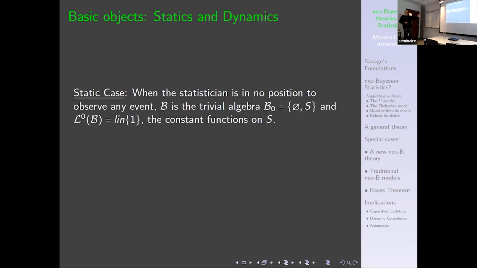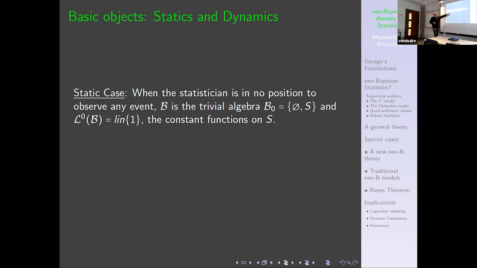Okay, for ease of reference, I will distinguish between the static case, by which I mean the case in which the statistician is in no position to observe any events. I cannot see the room at all. In this case, with no information, the empty set, the algebra generated by the empty set is this one.